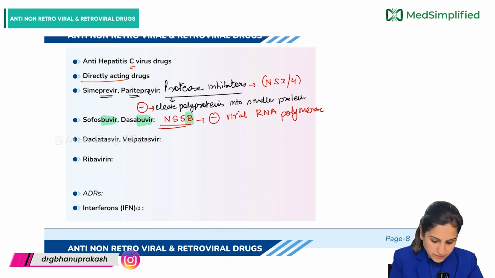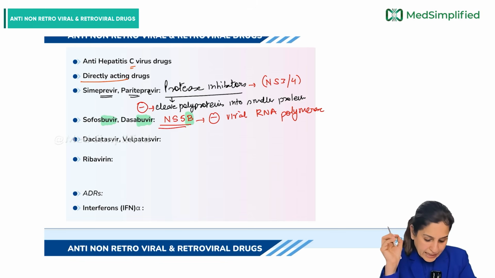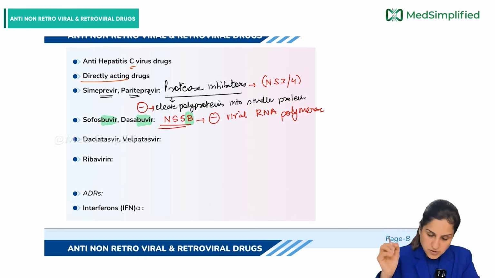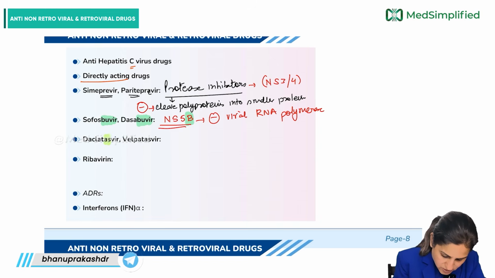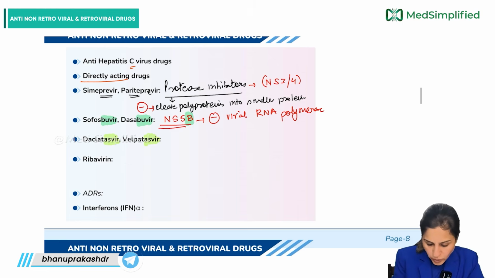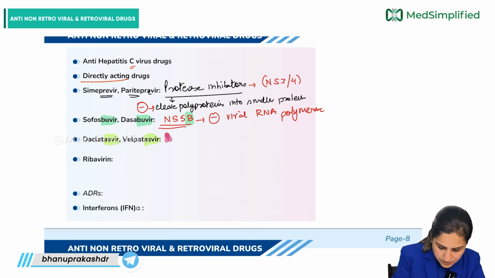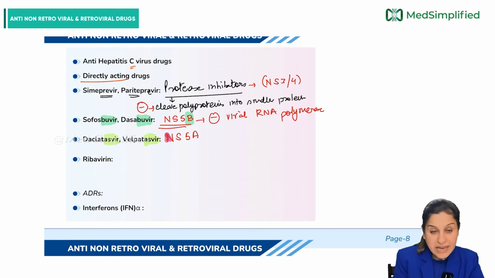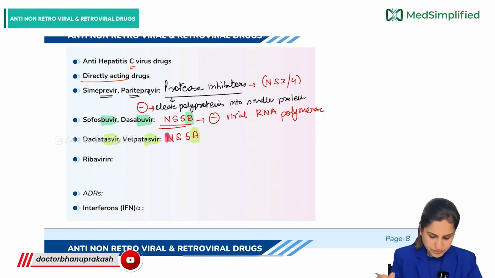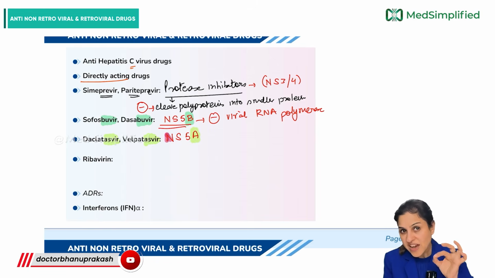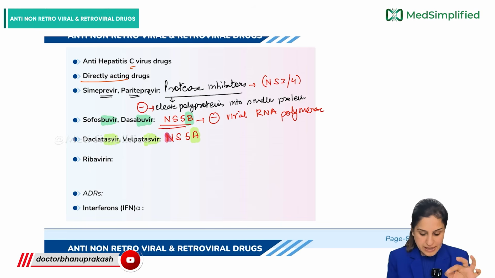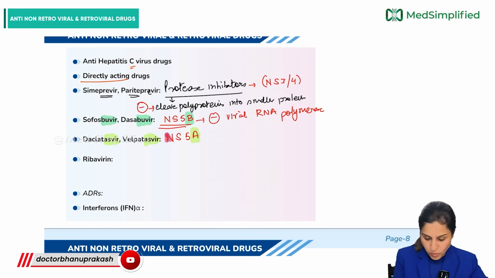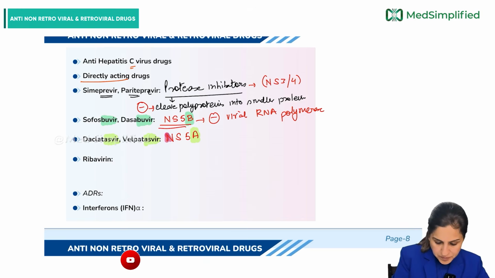Then we have the other drugs, daclatasvir and velpatasvir. So they are asvirs. So they are going to target NS5A. So A they are going to target. Okay. So buvir targets NS5B and asvir targets NS5A. That is important. This is how you can remember this.